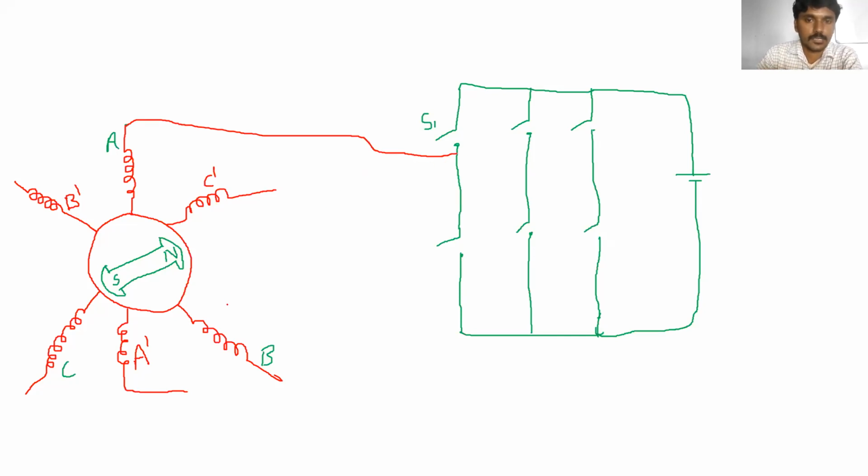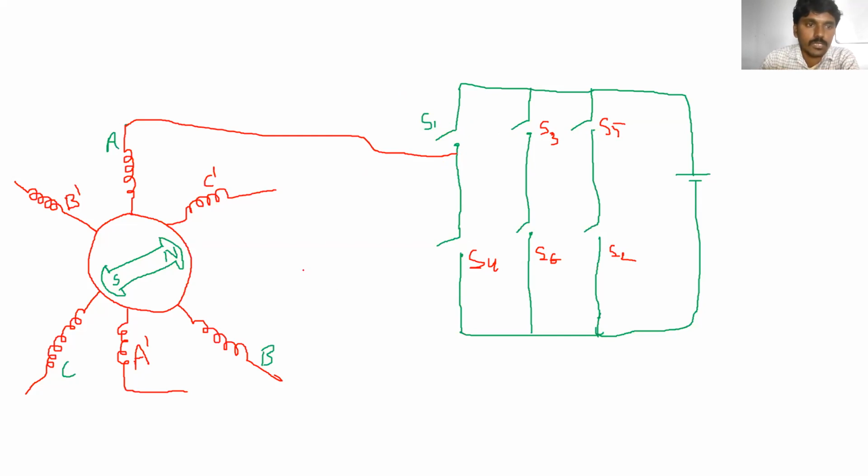Okay, next A dash, for example, S1, S3, S5, S4, S6, S2. Clear? Next.